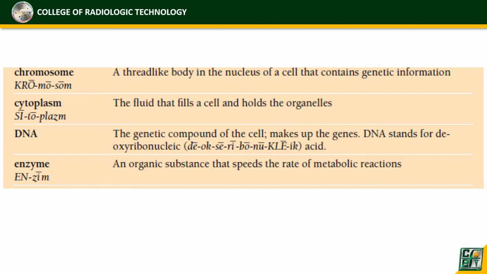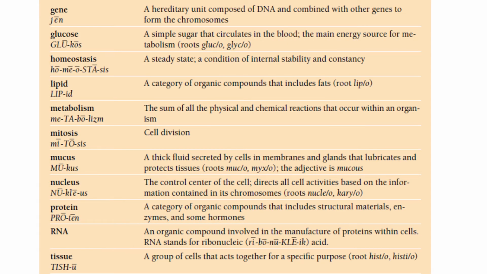Then we have the enzyme. Enzyme is an organic compound that speeds the rate of metabolic processes. When we say enzymes, they are substances that speed up the metabolic processes in our body. Next, gene.